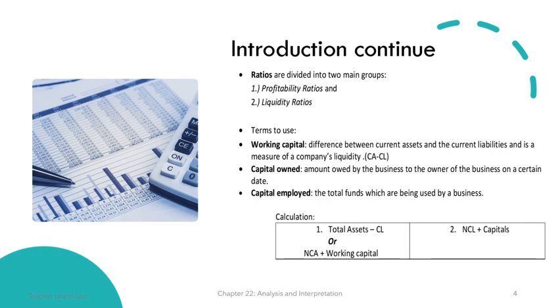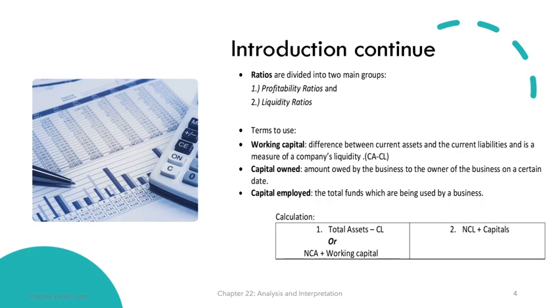Capital owned is the amount owed by the business to the owner of the business at a certain date. This is the initial capital that I invest, plus every year's profit accumulated that I keep in the capital account. Capital employed is the total funds that the business uses to generate the sales and to plan for the future.